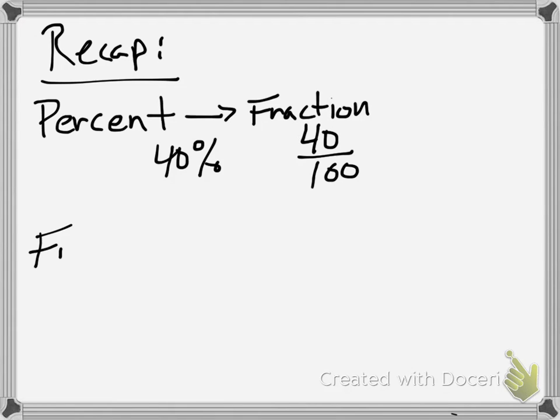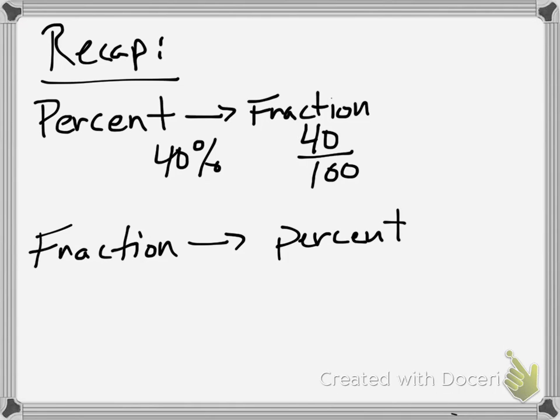If we have to go from a fraction to a percent, you are trying to move your original fraction, like let's say 1/2, you need to get that to be out of 100. Sometimes you can do that directly, and sometimes you might need to reduce the fraction first so that you can get a whole number multiplier to get you to 100.